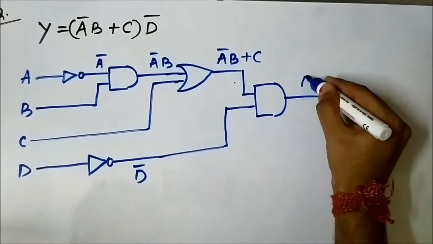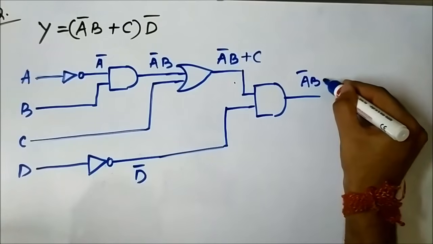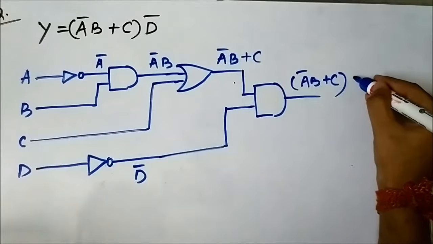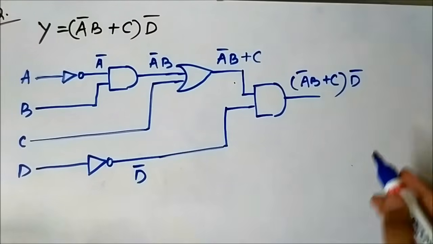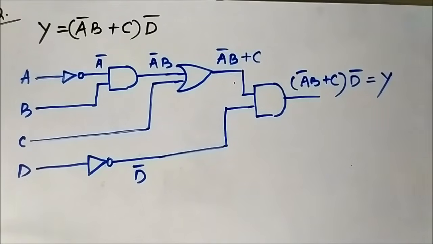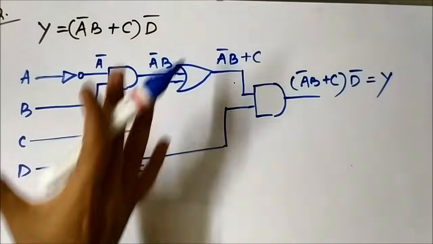So we get A bar B or C ANDed with D bar. It's the final output. Okay, so this is the whole thing.